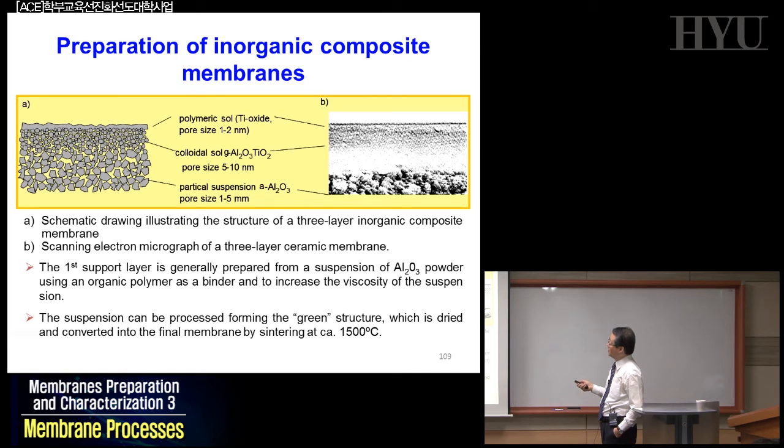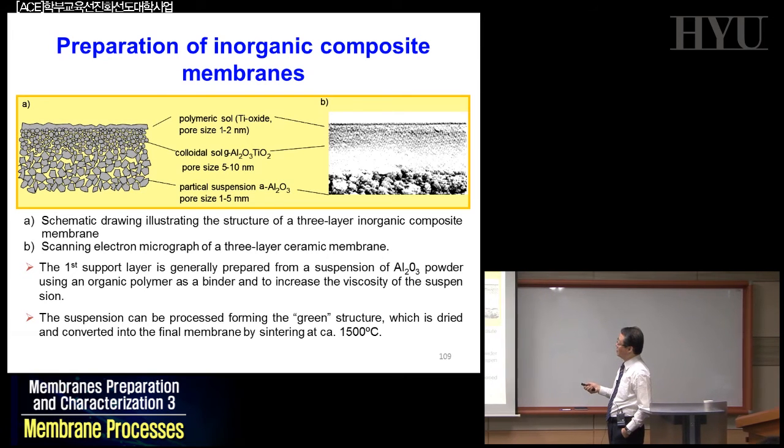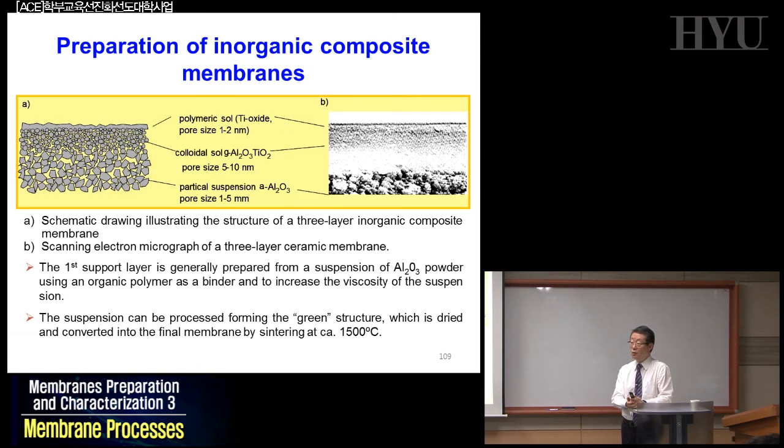Inorganics such as titanium oxide, or if you are using aluminum hydroxide or aluminum oxide, alumina, this is called the alumina powder, or titanium oxide powder. You can make alpha alumina, or you can make gamma alumina, depending on your crystal structures.